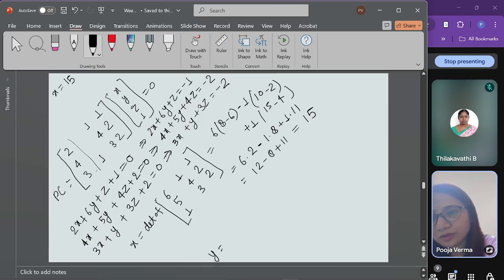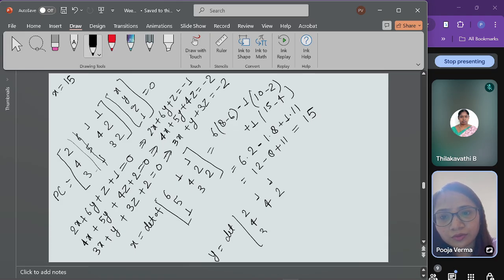Yeah, it is 6, 5, 1, right? So just remove this column and write the determinant of the rest. Now we have to calculate for 2, 1, 1, 4, 4, 2, 3, 3, 2. Determinant of this matrix.